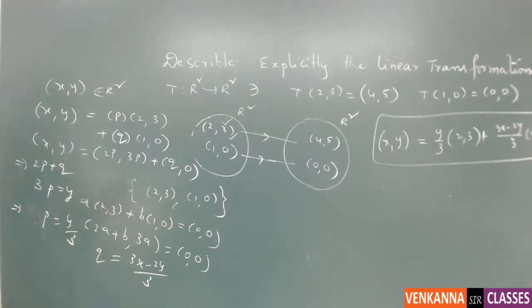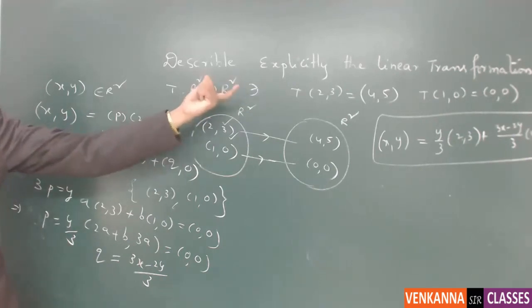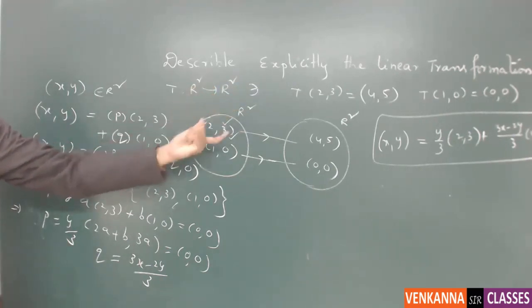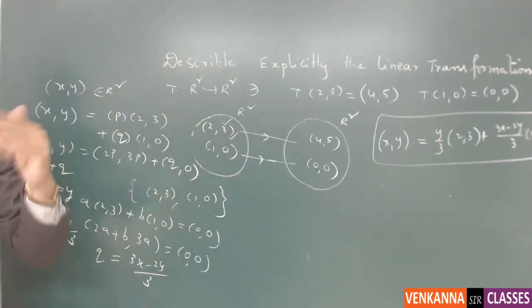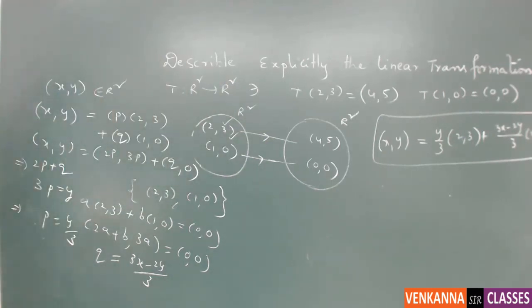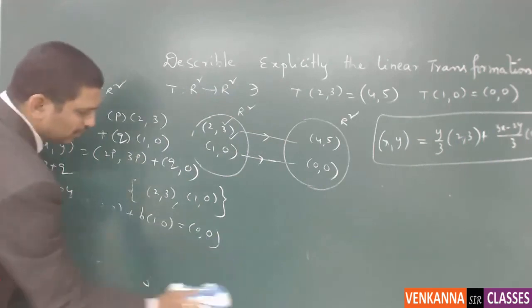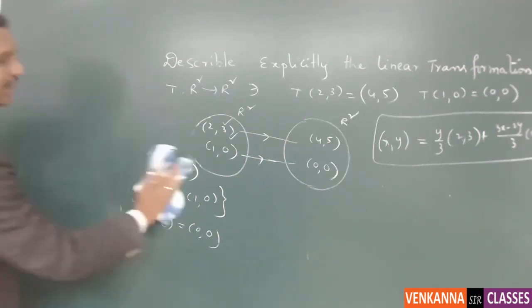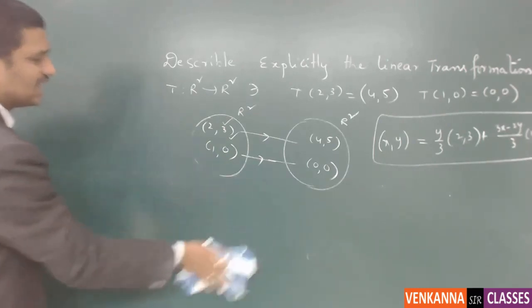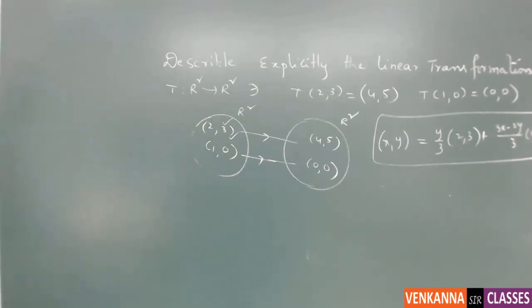Then our main aim is what is the condition of T so that it transforms this vector as that vector. Now let us do our part. Is it possible to have a transformation or not? For that we are checking whether the given set of vectors are a basis or not. You have done that, it is a basis.